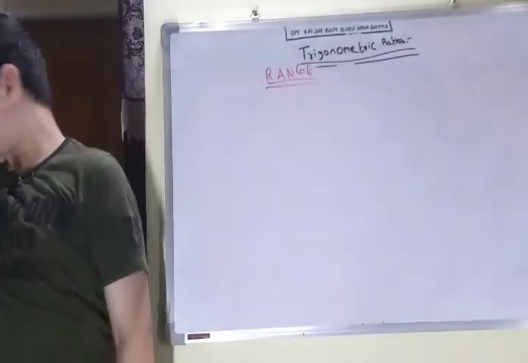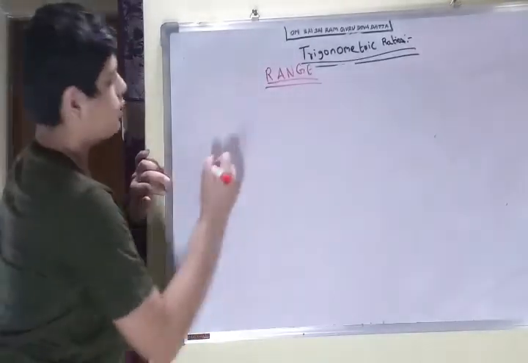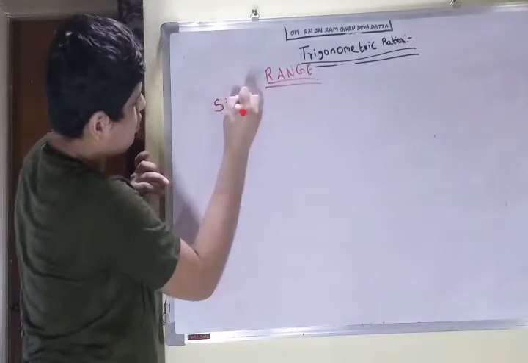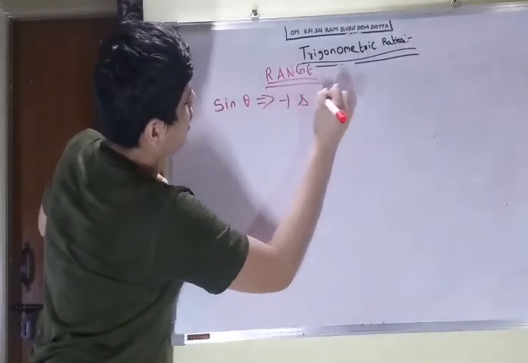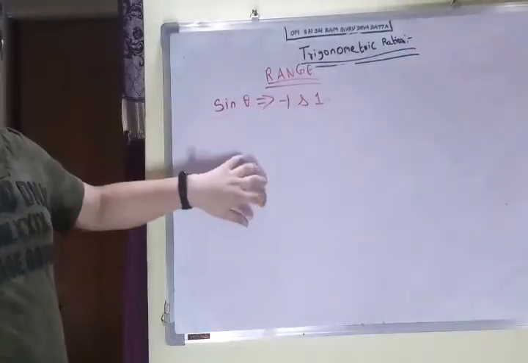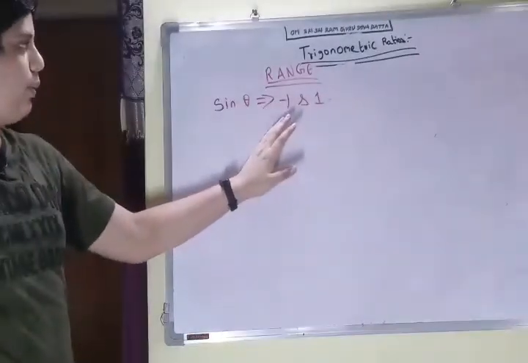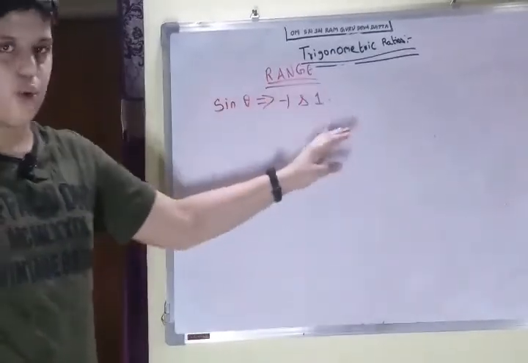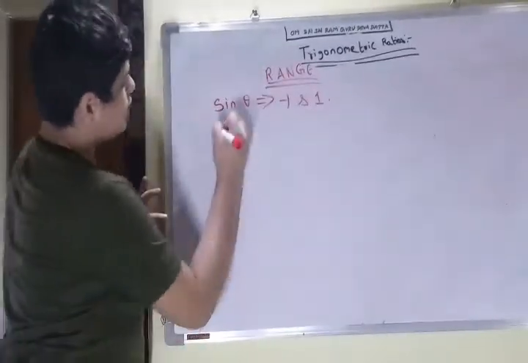Okay, now let us discuss the ranges of sin theta, cos theta and all the thetas. So sin theta always lies between minus 1 and 1. Sin theta cannot exceed 1 and minus 1. It cannot be minus 2, minus 3 or 2 or 3. It should only lie between these two values.